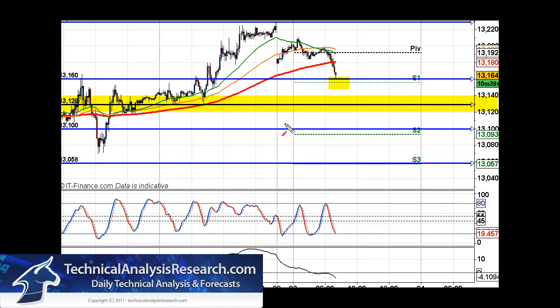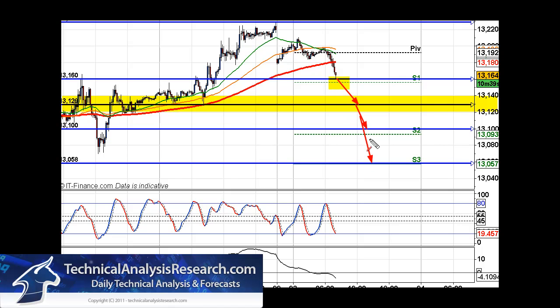Again, if we get a break of that 131.60, trade it down to that 131.29. There's about 30 pips there or so. And if that 131.29 gives way, then you trade this one down towards that 131.00 level, and if that gives way, you trade that down towards that 130.59 level.